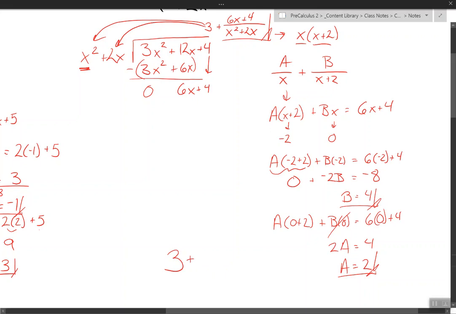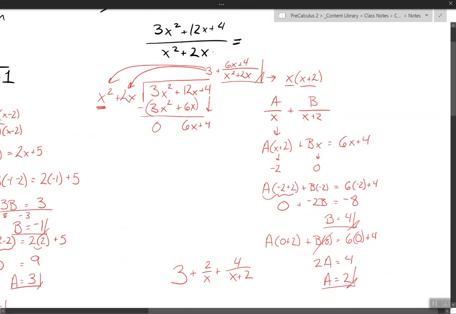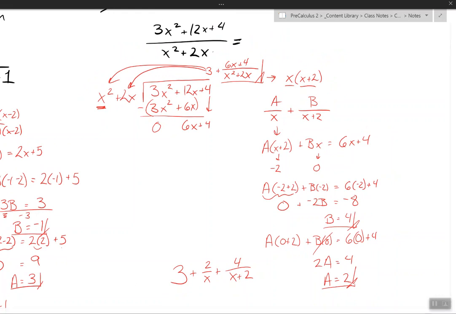It became a, which is 2, goes over the x, and our b value, which was 4, goes over x plus 2. So that fraction decomposes to be those 3 pieces: 3, 2 over x, and 4 over x plus 2.